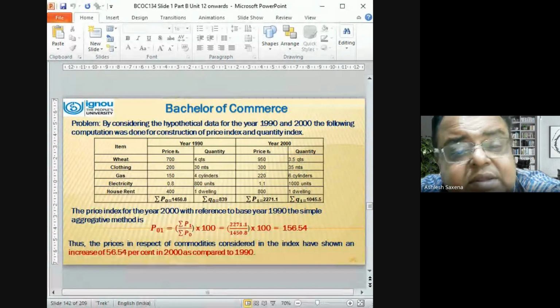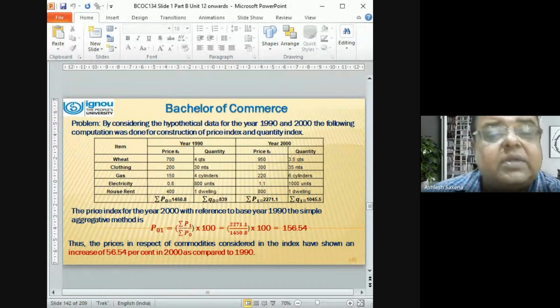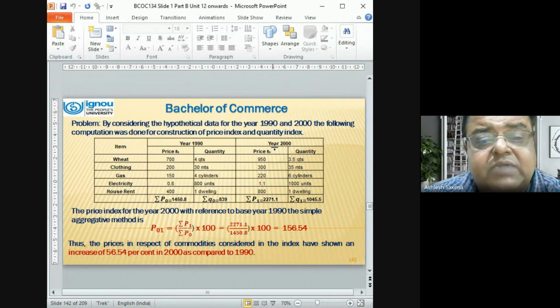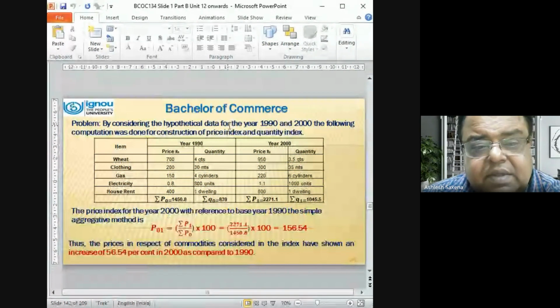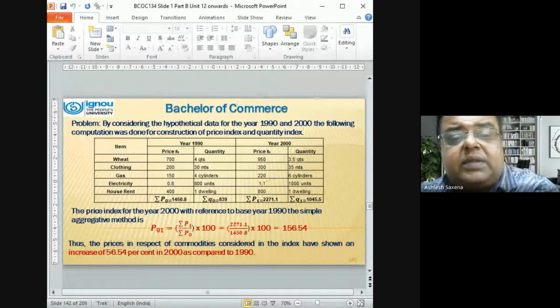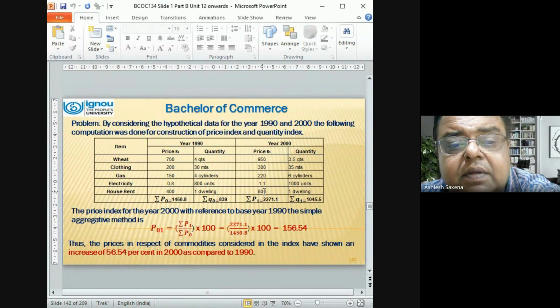The price and quantity for the year 1990 are given in these two columns, and similarly for the year 2000, these two are given. First step, add all these. You have to calculate the summation of all these values, this value and this value.